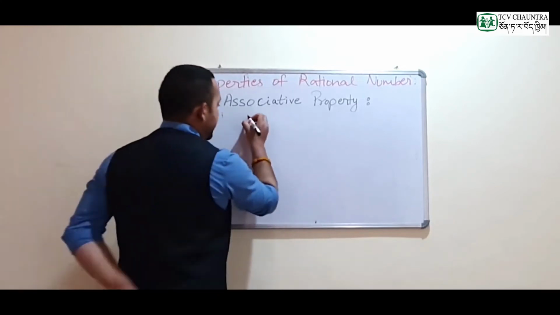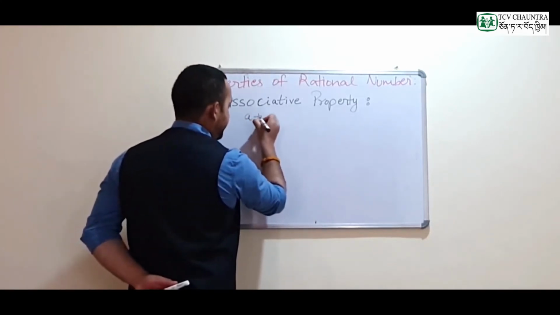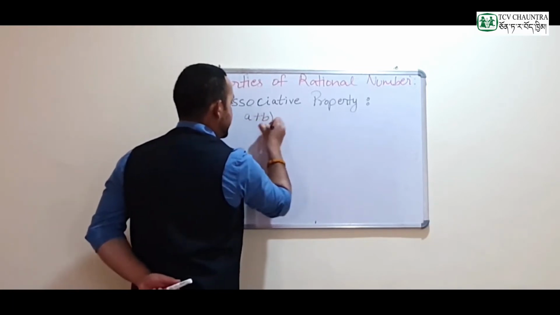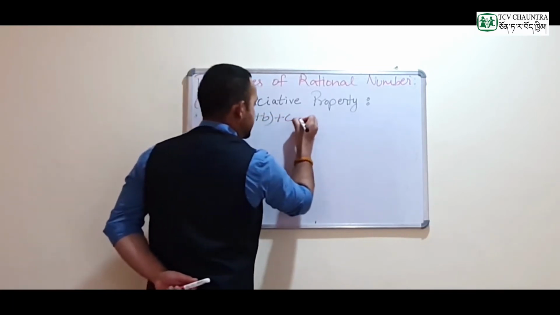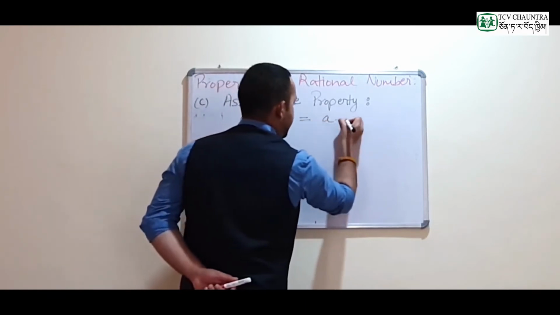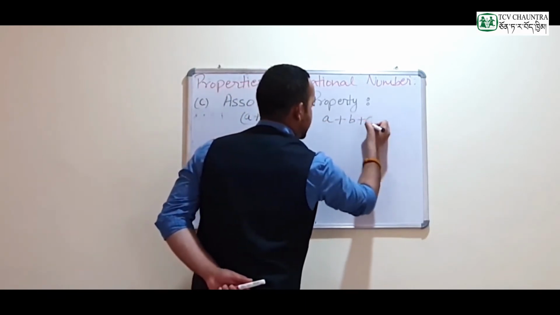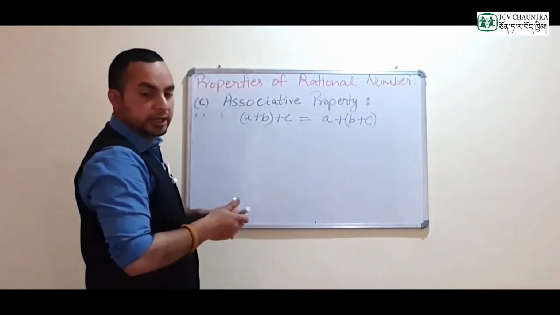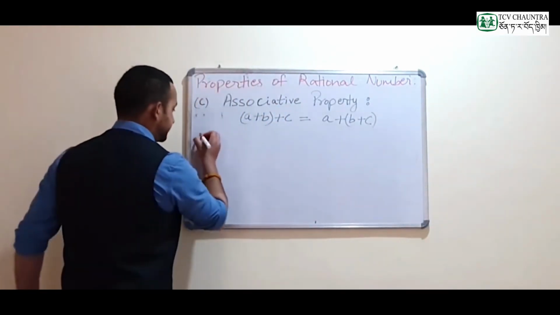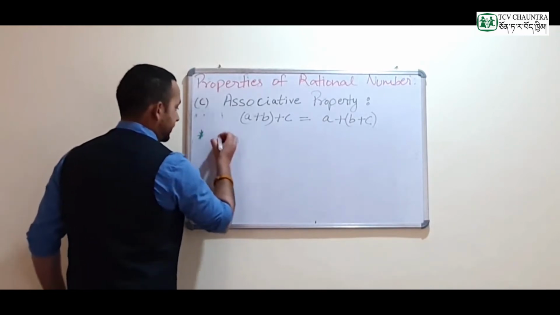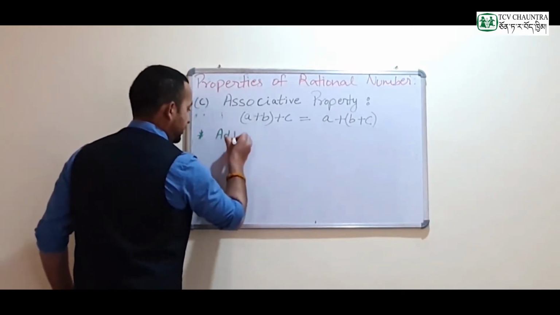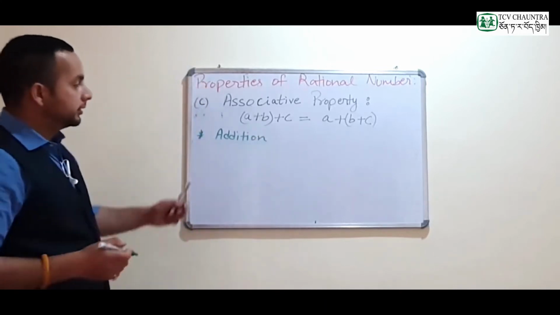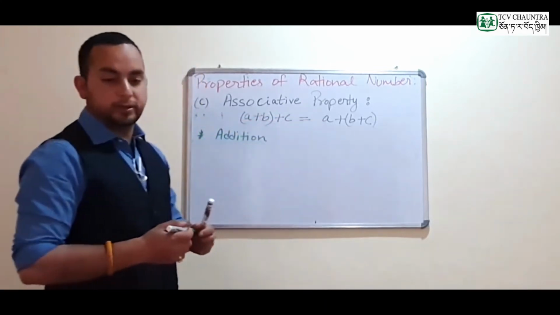Our general formula is (A + B) + C is equal to A + (B + C). Now we are learning associative property on the basis of addition.